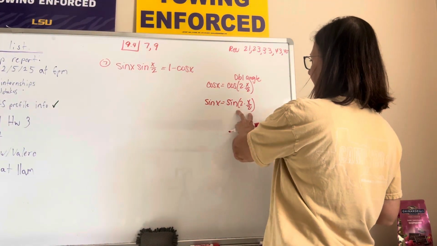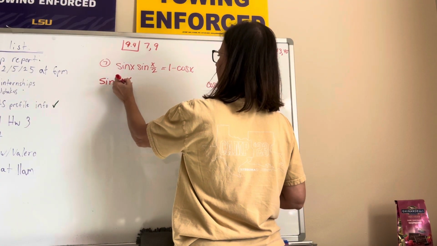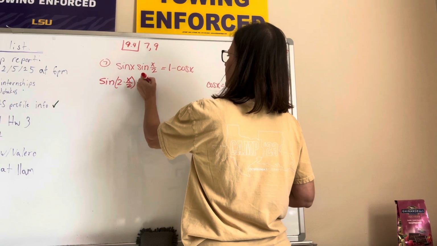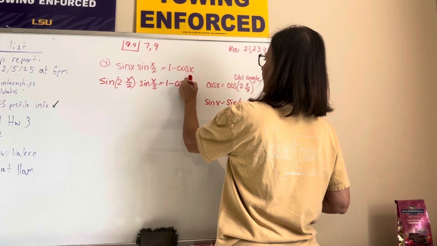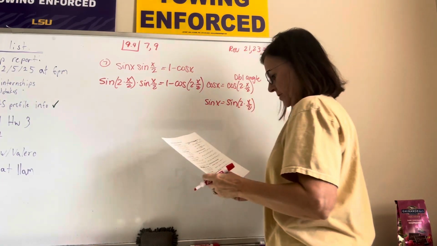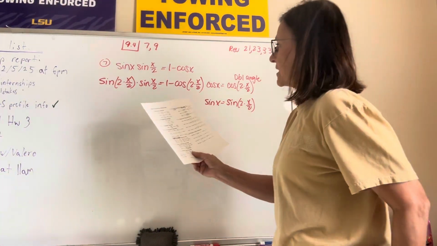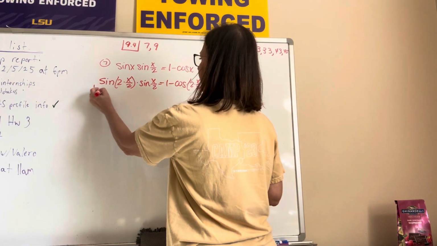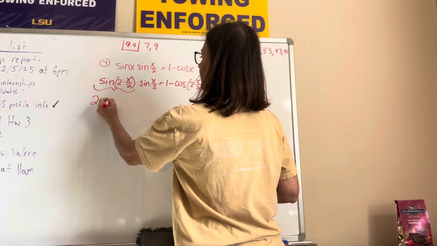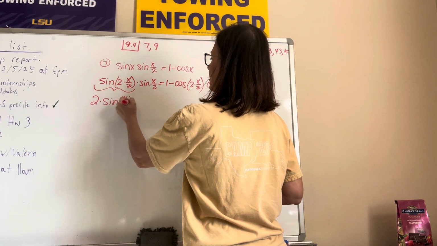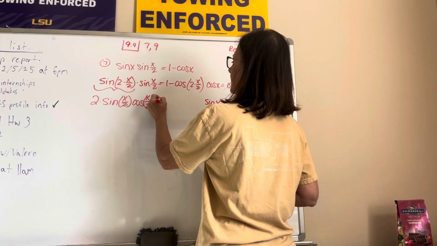All right, so for the sine x, I'm going to see this as the sine of 2 times x over 2. Times the sine of x over 2 equals 1 minus the cosine of 2 times x over 2. The double angle formula for the sine of 2x is, so for this, I'm just substituting in the double angle. It's 2 times the sine of x over 2 times the cosine of x over 2 times the sine.